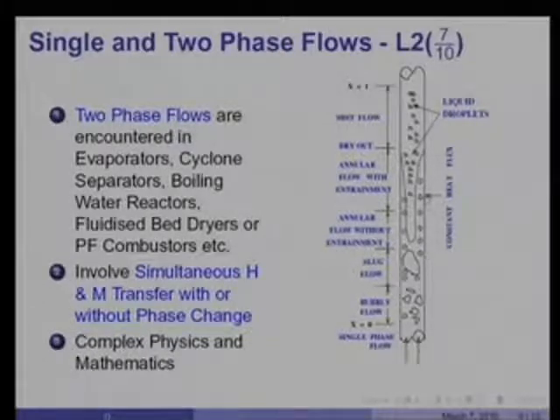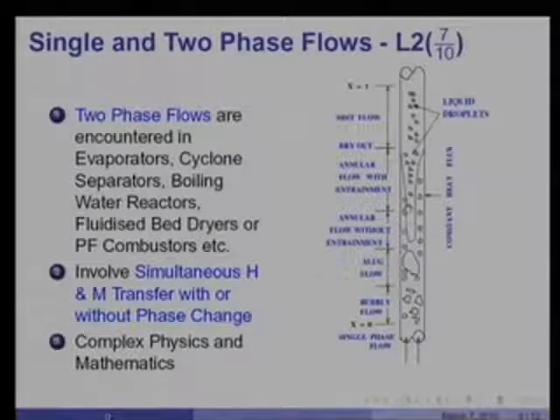If you go further down the tube, you will see the slugs get elongated and bubbles continue to be formed at the water surface. So we have a long inner core of vapor, and a thin outer core of liquid interspersed with tiny bubbles. Such a flow is called annular flow without entrainment. That means there is no fluid entrained in the core.